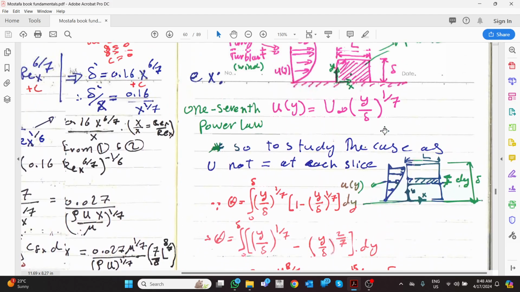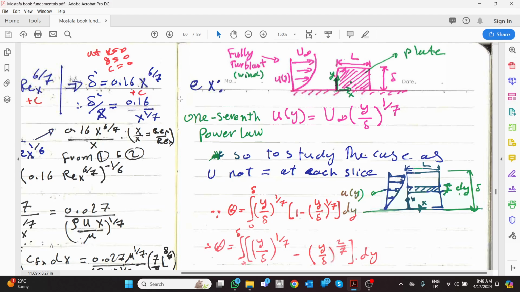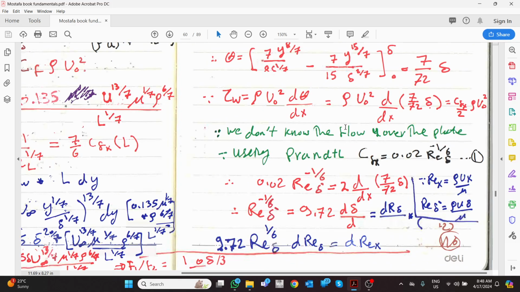Now, while he told us we are going to use the 1/7 law for the wind, I am going to use the 1/7 law also, but I cannot use it because we said that it should be uniform. So we are going to use one theory from Prandtl.